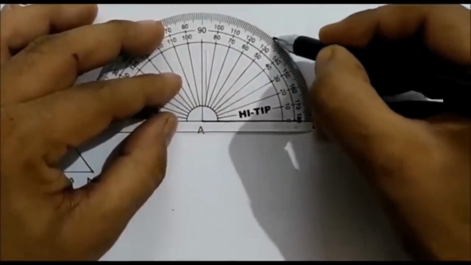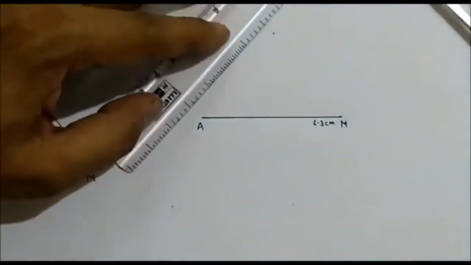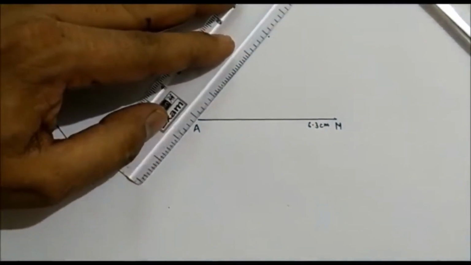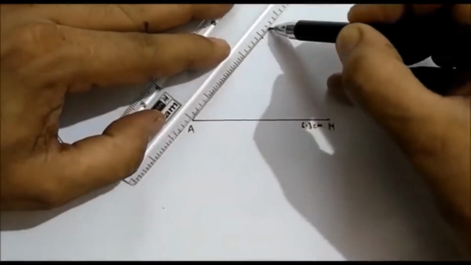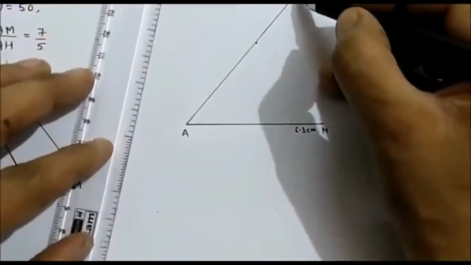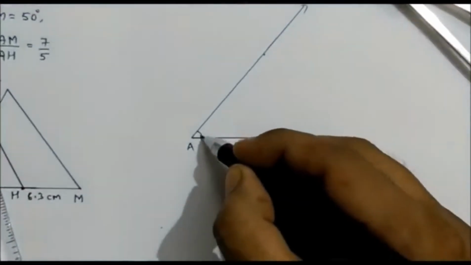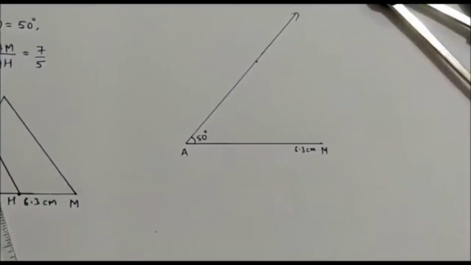You can see this is 40 and this is 50. We have drawn this, and this angle is 50 degrees.